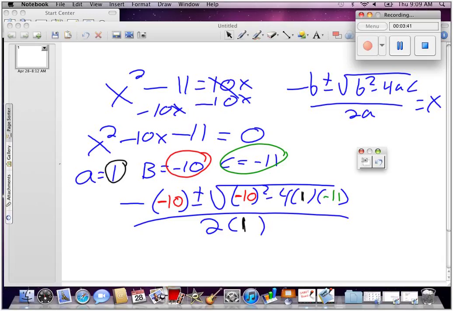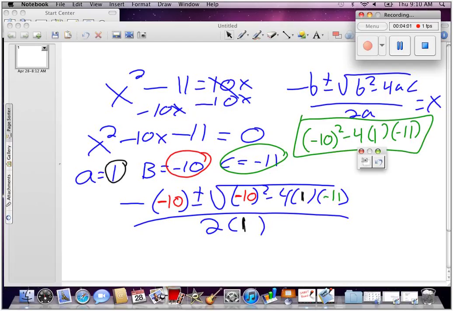Next step, you're going to plug into your calculator everything underneath the square root. Not the square root, just everything under. Watch what I'm going to rewrite it up here, what you're going to plug into your calculator. Parentheses, negative 10 squared minus 4 times 1 times negative 11. Right here, that's what you plug into your calculator.